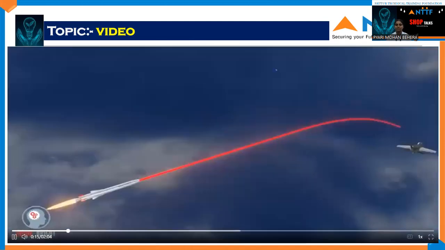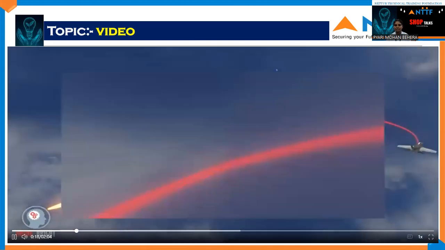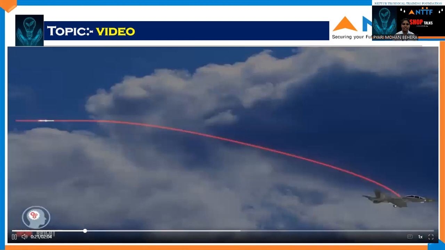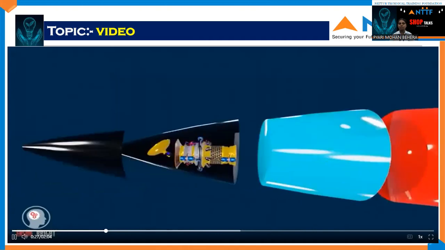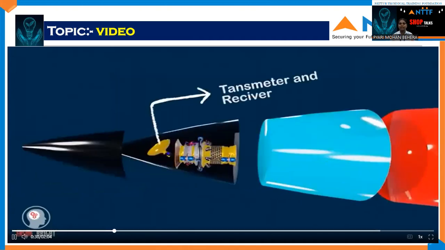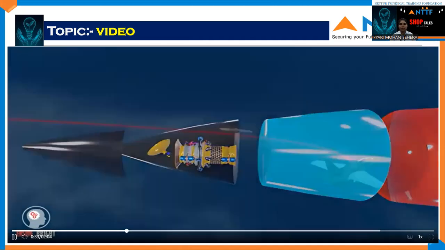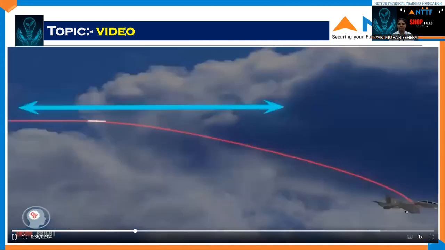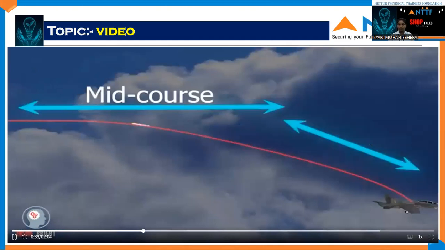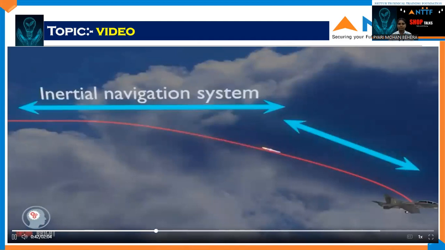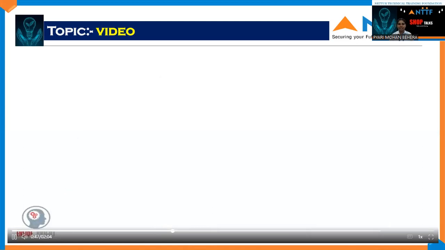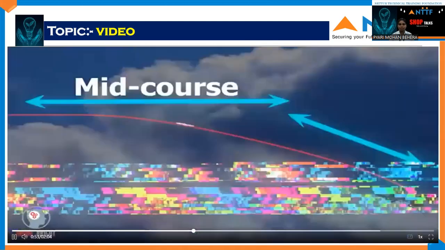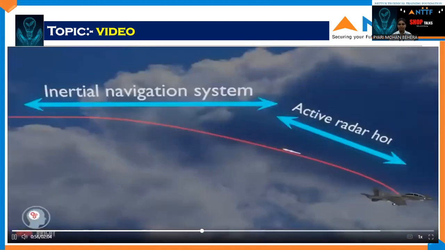So these are the many types of missiles that work. This is our target, and this is the 6 mile distance. And this is the missile. It goes through to the target, like an enemy target. It's an active radar system. This is our missile, which contains the transmitter and the receiver, which help in controlling the flight path. According to my previous data, this is the mid course and terminal course.